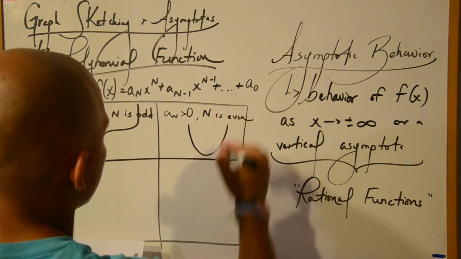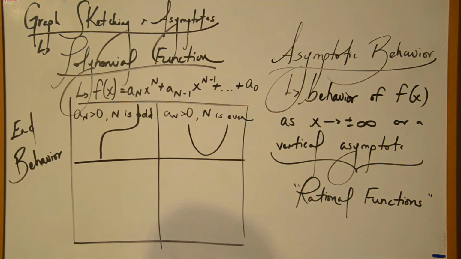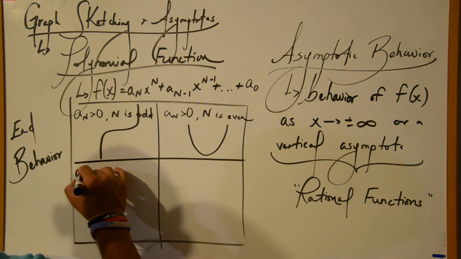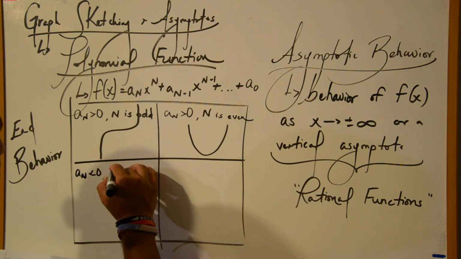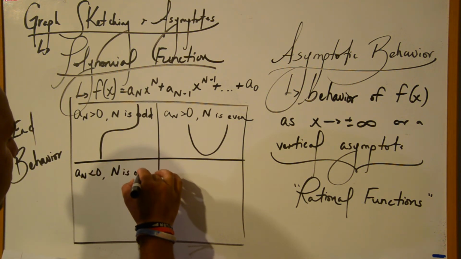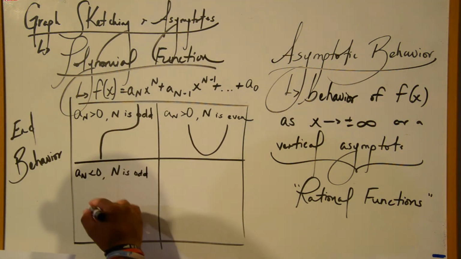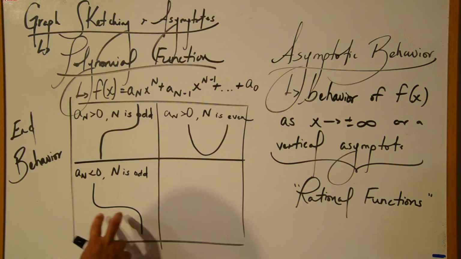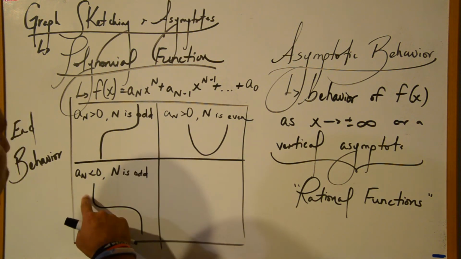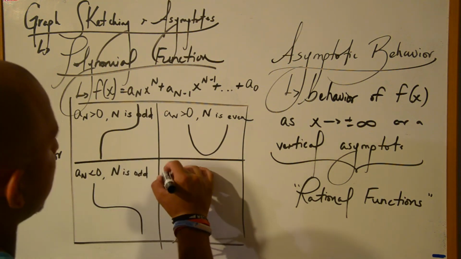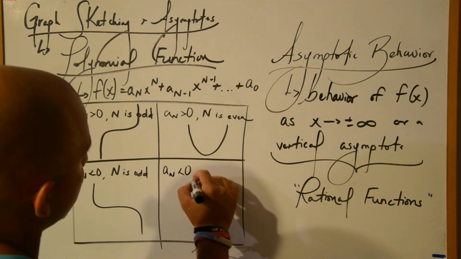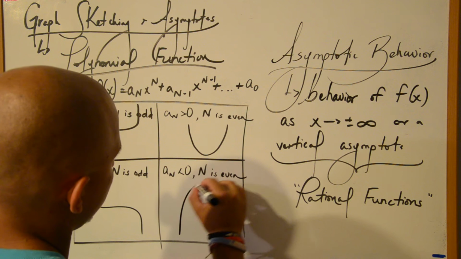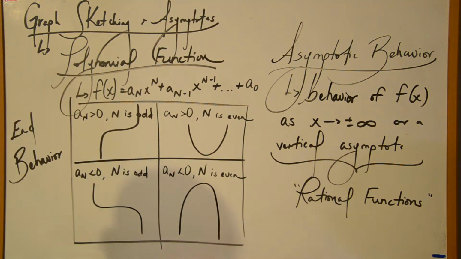It will look parabolic. If we flip the script and we have a negative leading coefficient, but n is once again odd, we are just going to reflect over the x-axis, so our graph will look something like this. Obviously in the middle will look different. We're just talking about the end behavior here, and vice versa. Our even degree function will point downwards.